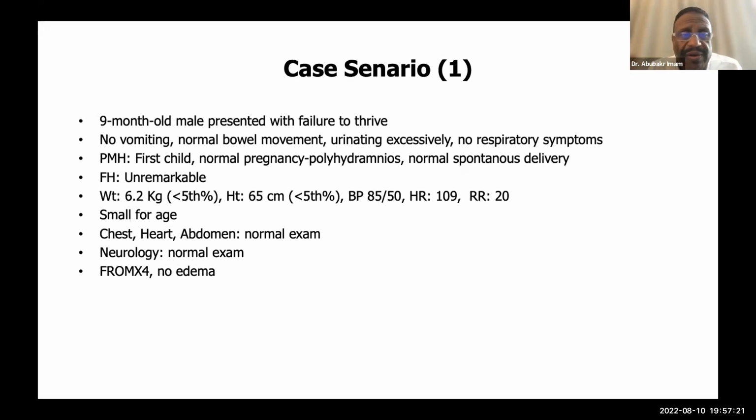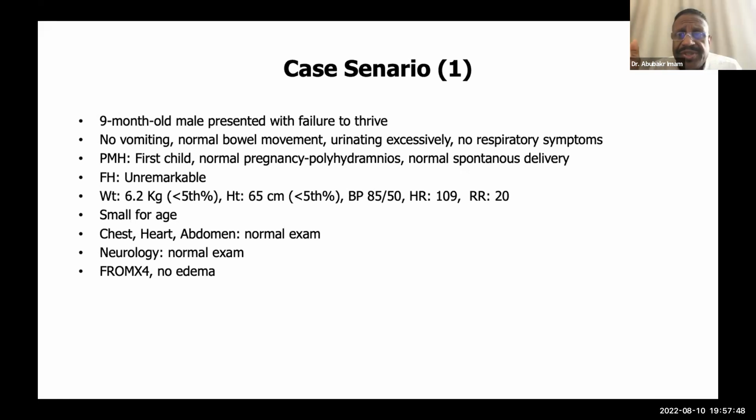Was it a normal delivery or not? Here the mother tells you that everything was fine. However, they told me I had excessive water, polyhydramnios. Now, the child otherwise is fine. Through his evaluations, it has always been noticed that his weight is on the lower side.